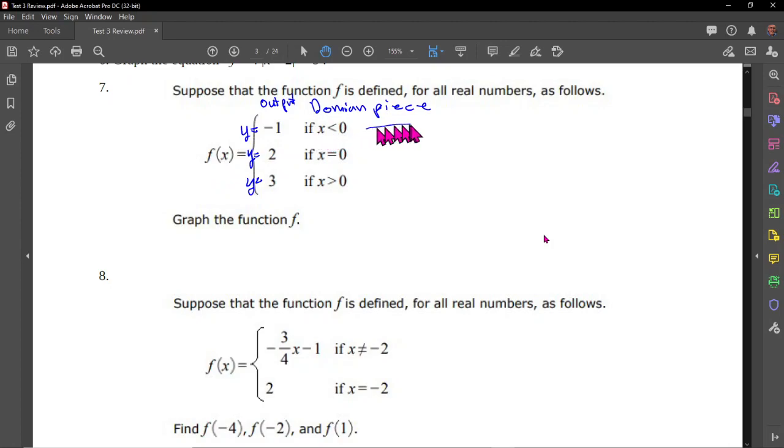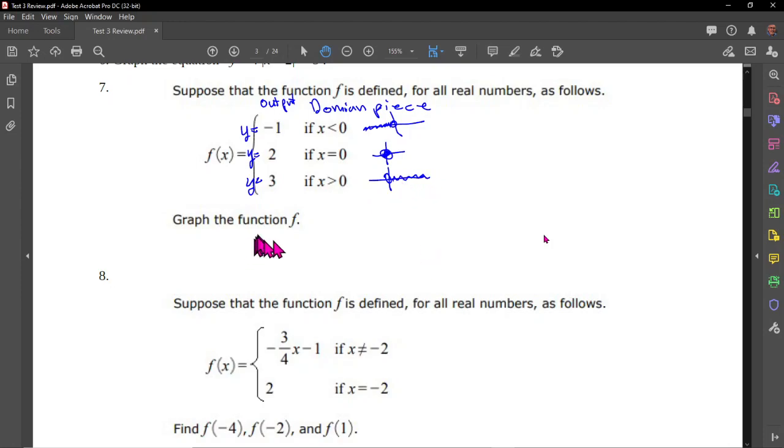This is the piece of the function whenever x is less than 0, not equal to 0, but less than 0. This is the part when x is equal to 0, and this piece will be x being greater than 0.